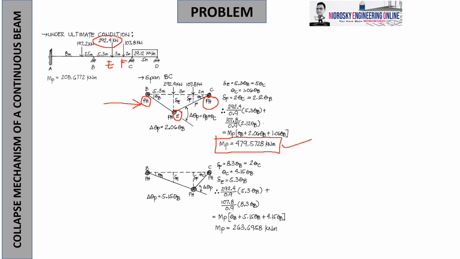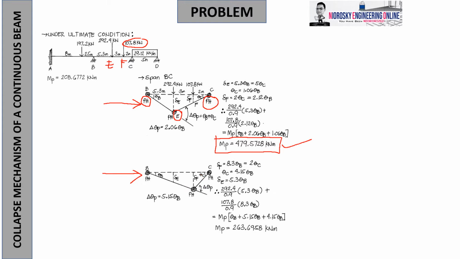Likewise, what if the 107.8 kilonewton load governs? Then the deflection will be coming from the plastic hinge at load 107.8.